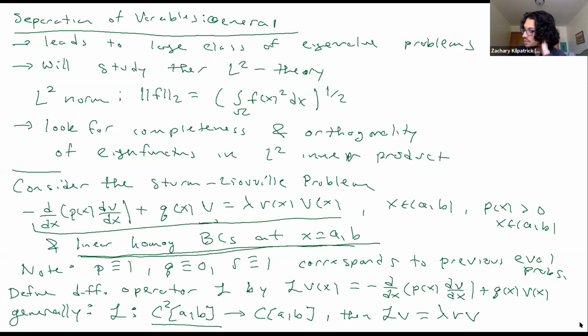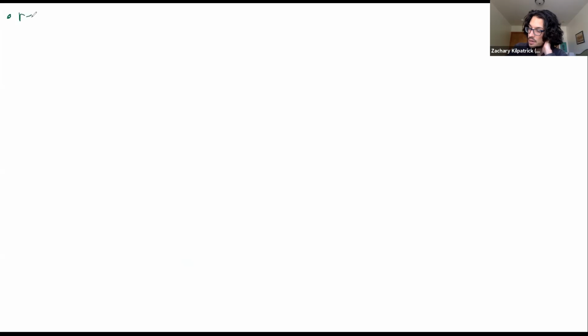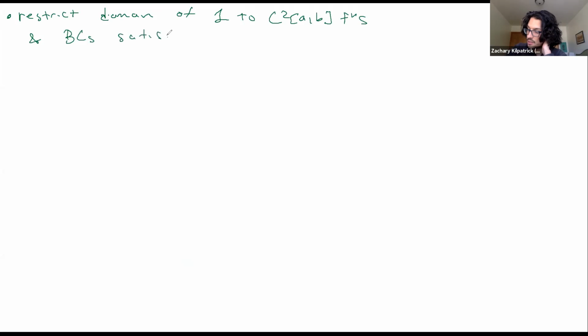Okay, so if we restrict the domain of L to C2 of A, B functions with boundary conditions satisfied, then for instance, we could have a number of requirements on V, right?